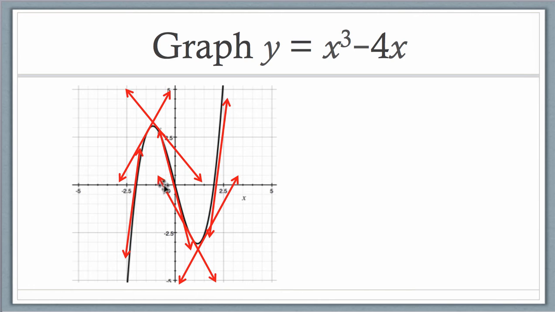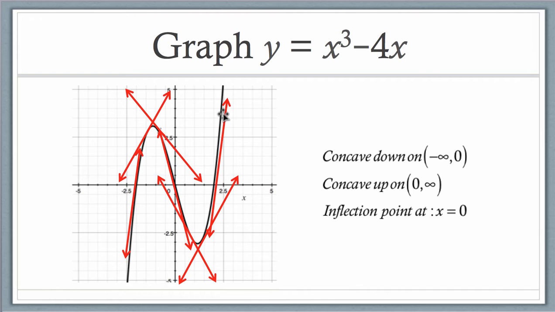So we have a small slope, so here it's negative, and then it turns to being a positive slope, and then a larger positive slope. So we are concave down on the interval negative infinity to 0, and we're concave up from 0 to infinity, with an inflection point at x equals 0.